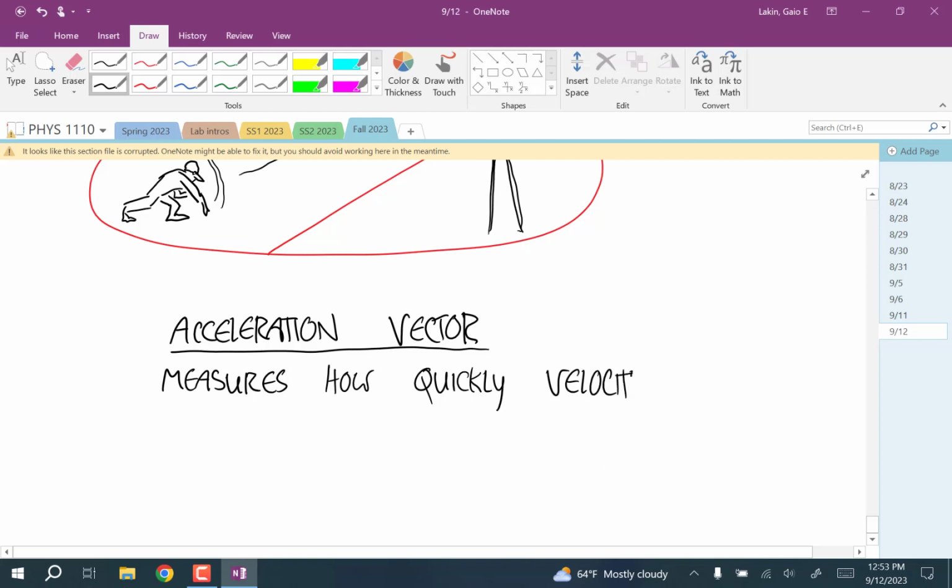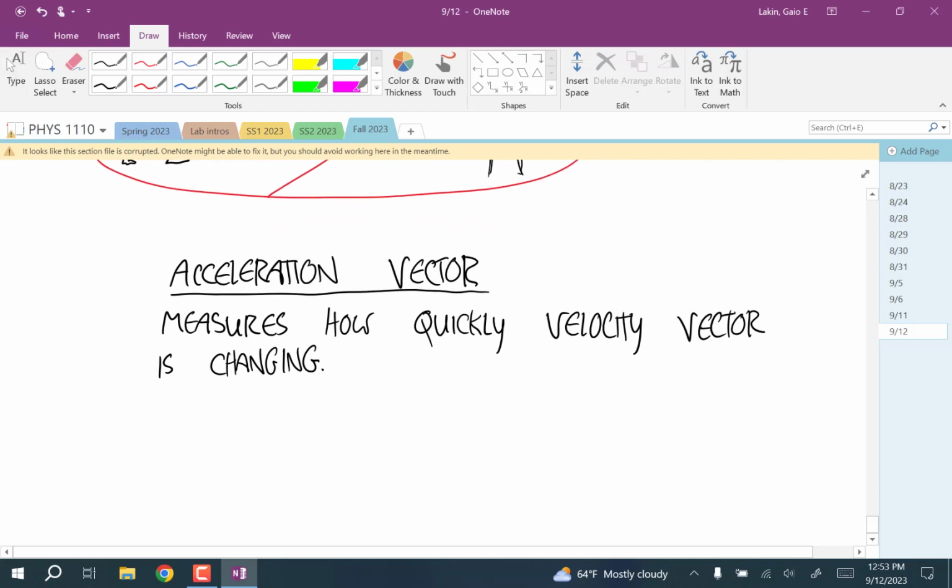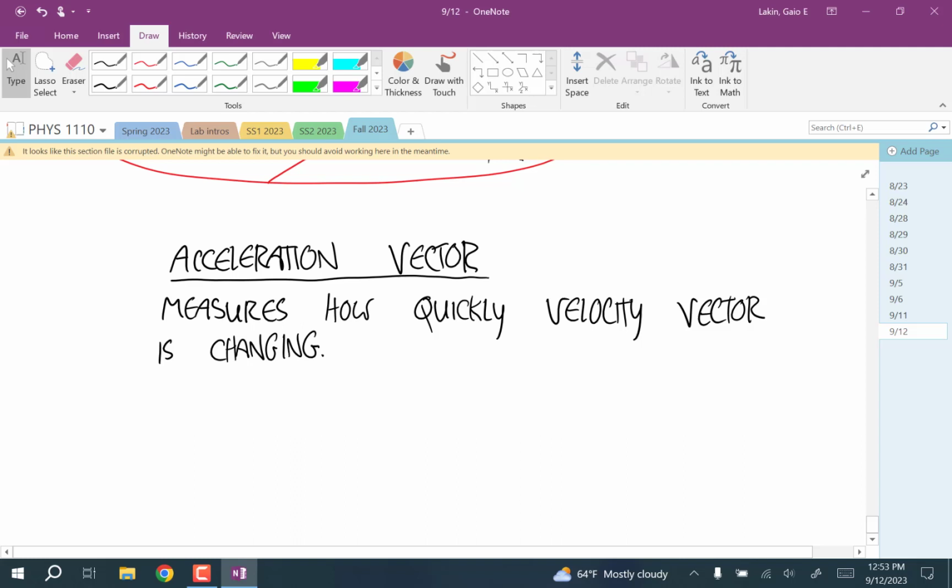How quickly the velocity vector is changing. One important thing about the acceleration in 2 dimensions. So this is like a key fact about acceleration.